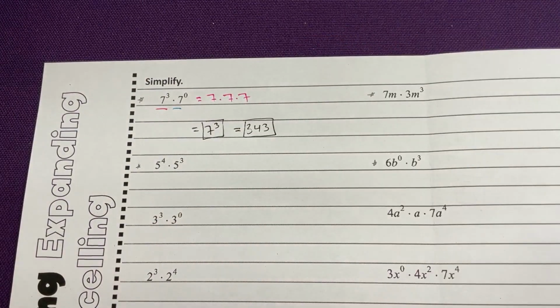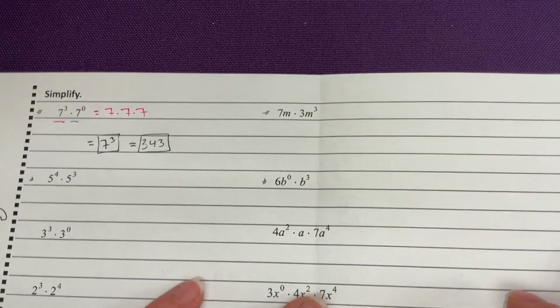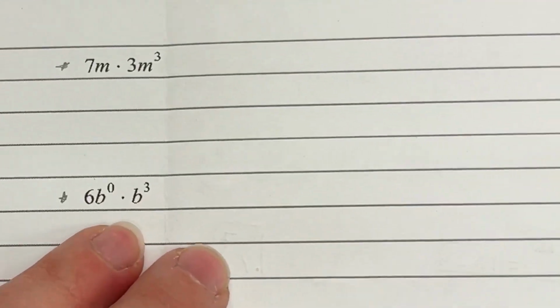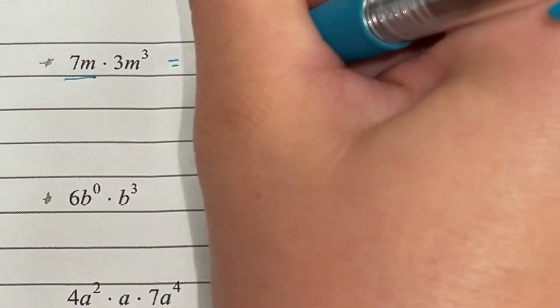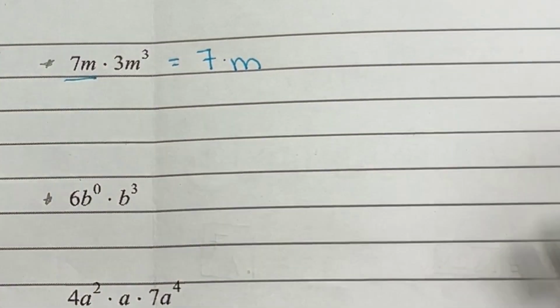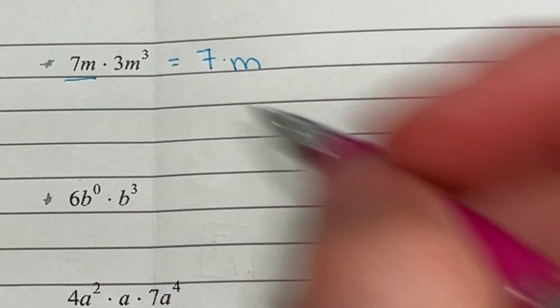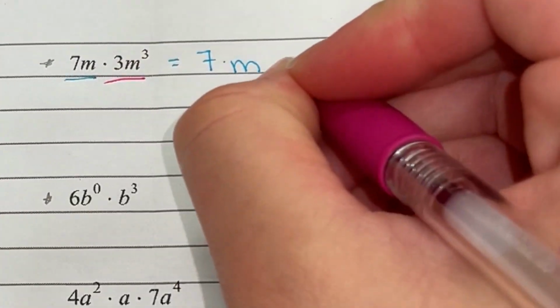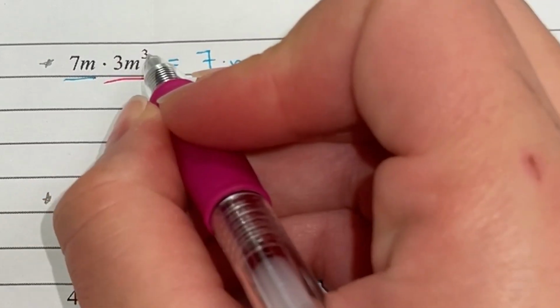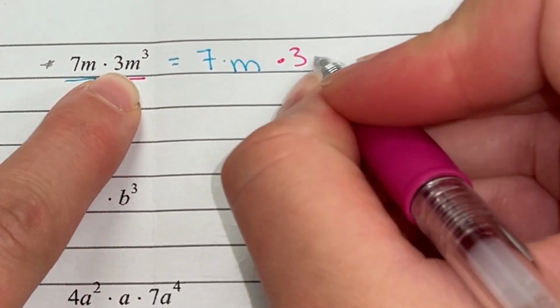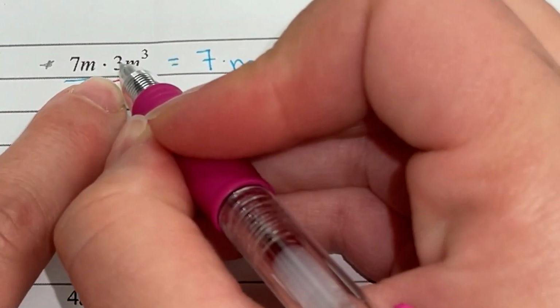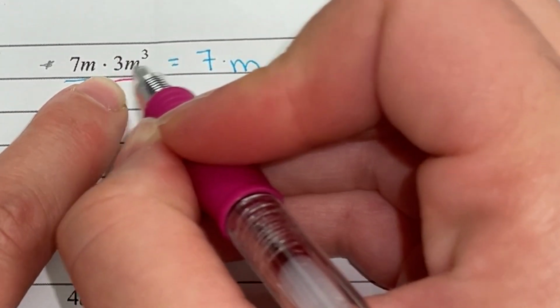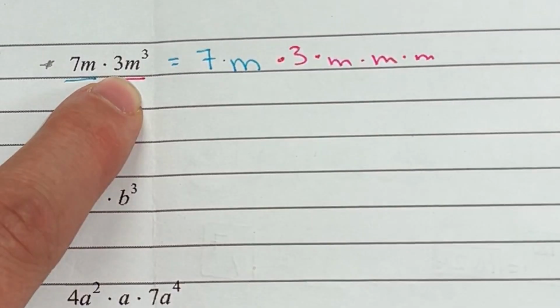Okay. Let's look at this next one here. We have 7m, so this is 7 times m, and that's all we have. This next one here, we have times 3, and that 3rd power is only for my m, so that means I have 3 m's. Now, this 3rd power is not attached to this 3, it's only attached to the m.